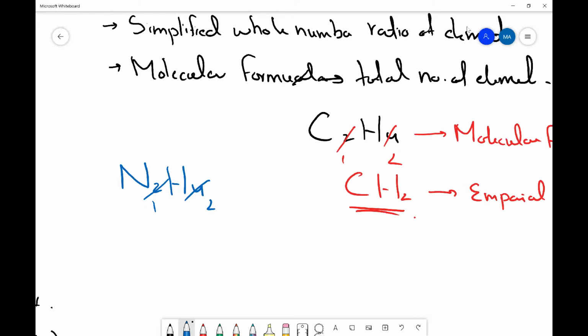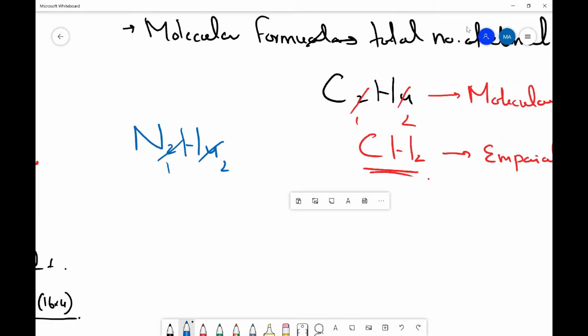You look at the subscripts. If there is further capacity for the number to get simplified, then it is a molecular formula. Again, for example, C8H18. Now you can start simplifying this with the table of 2. 2 fours are 8, 2 nines are 18. Can 4 and 9 be further simplified? No, because 4 and 9 cannot be simplified on one table.